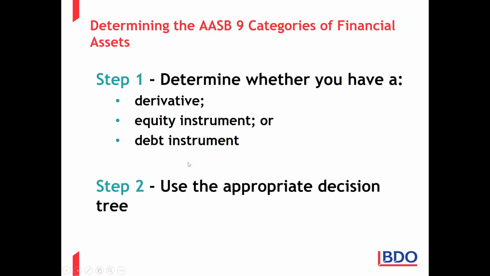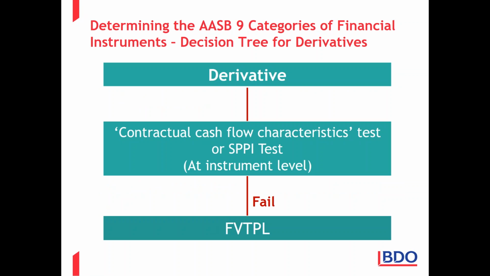So if we use the first decision tree for derivatives. Now the new AASB 9 says your first consideration is the contractual cash flow characteristic test, or a different name, same test, the SPPI test, which is solely for the purposes of principal and interest test. And you do that at an instrument level.